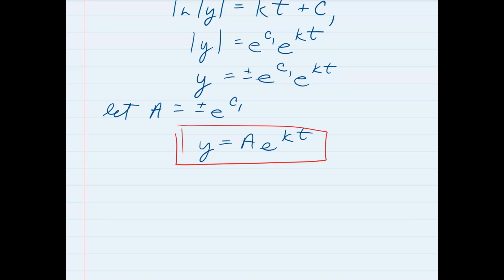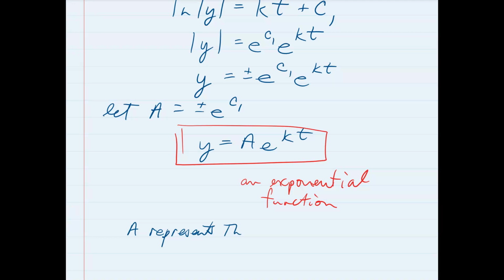That's an exponential function with base e, the natural base. Now in these problems, a represents the amount present when t equals 0.